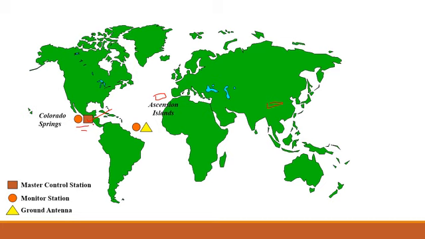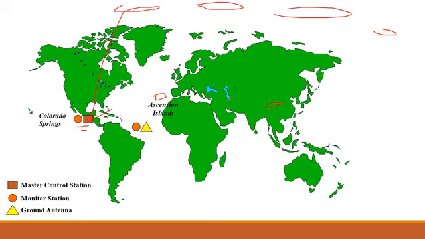So this is the master control system. It is directly related to the satellites which are moving here, like the first one, second one, third one, fourth one, etc., all over the globe.